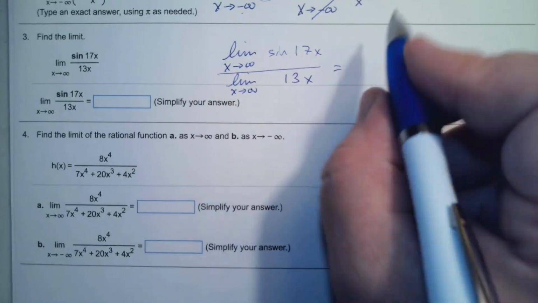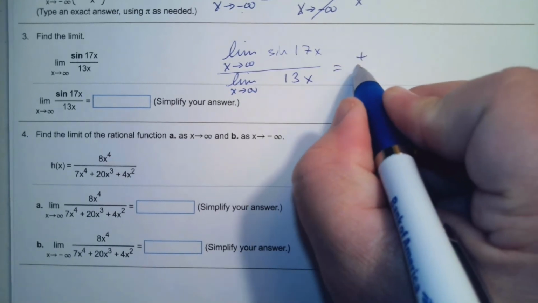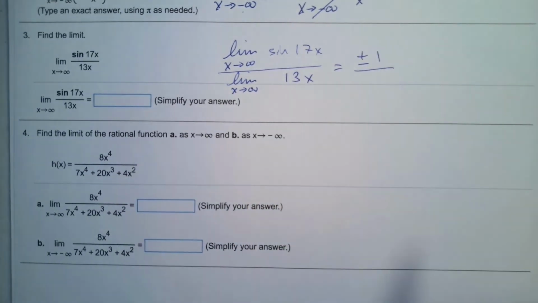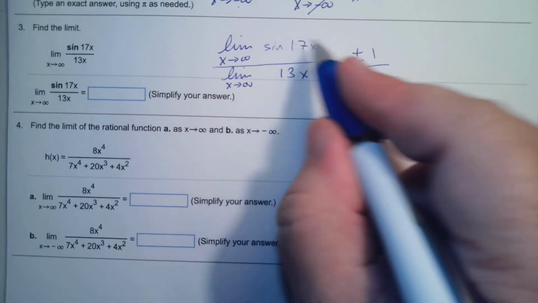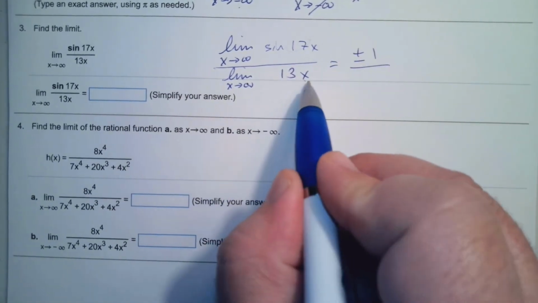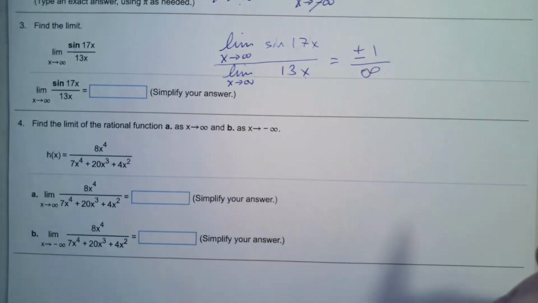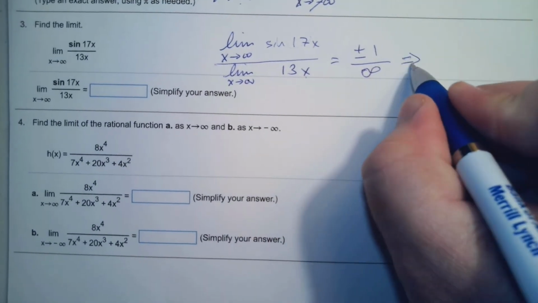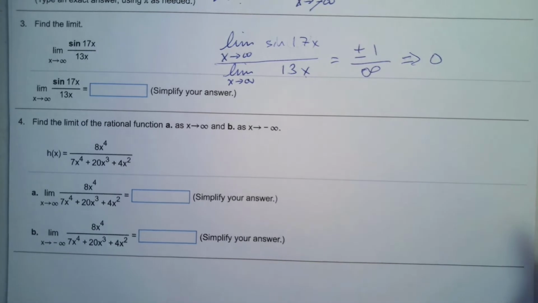This one's bounded by +1 and -1, times 17, so this one's bounded. This one, as x goes to infinity, goes to infinity. So it goes to 0.